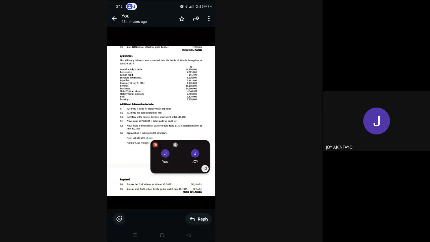Like omission: if an account is omitted, what do we do? You just perform your double entry principle. Are we together? And like other kinds of errors. So that's the treatment of such. Any question?